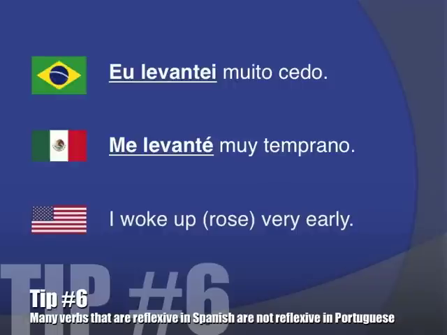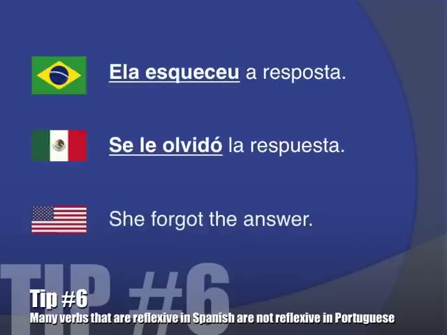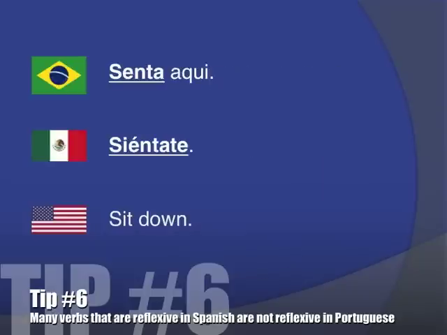Eu levantei muito cedo. Me levanté muy temprano. I woke up very early. Ela esqueceu a resposta. Se le olvidó la respuesta. She forgot the answer. Senta aqui. Siéntate. Sit down.